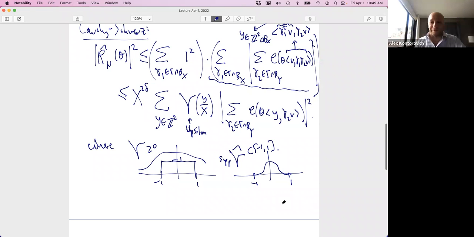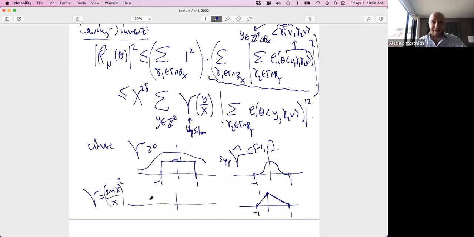The tent function, which is a convolution of the indicator of an interval with itself. If this is the tent function, straight up to 1 and straight back down, do you know what the Fourier transform of that is? Yeah, it's the square of the sinc function. Exactly, sine x over x squared.